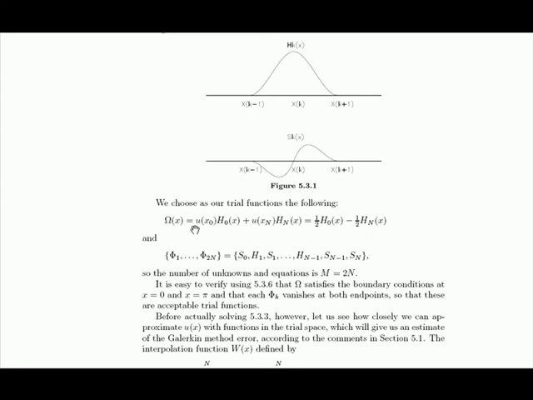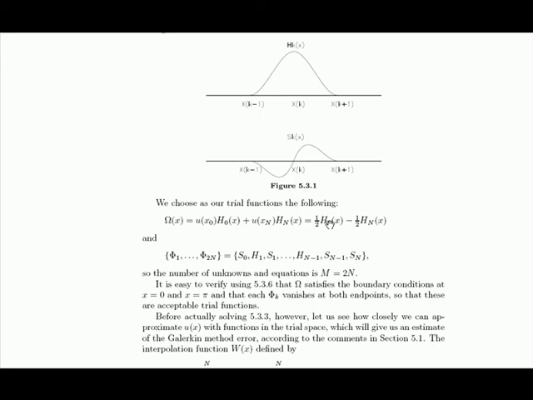Omega in this case is going to be 1/2 h0 minus 1/2 hn. Why? Because h0 is the only one of those h or s functions which is non-zero at 0, and it has a value of 1, and hn is the only one of the hk's or sk's which is non-zero at the other endpoint pi, and it's 1 there. So omega is going to satisfy the essential boundary condition at both ends.